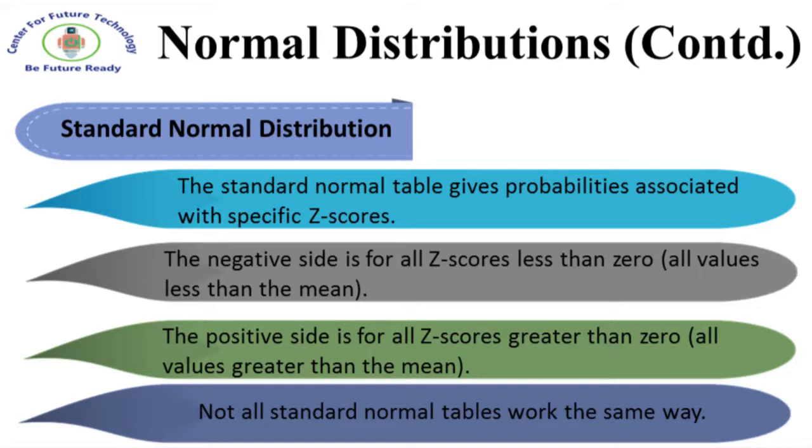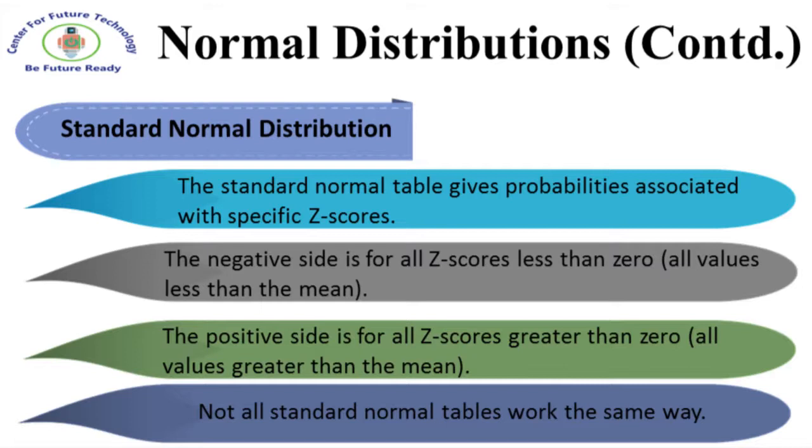The standard normal distribution is a special normal distribution with a mean equal to 0 and standard deviation equal to 1. We can use the z-score to standardize any normal random variable, converting the x values to z-scores, thus allowing us to use the standard normal table.